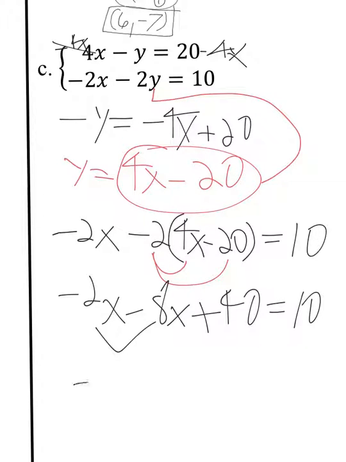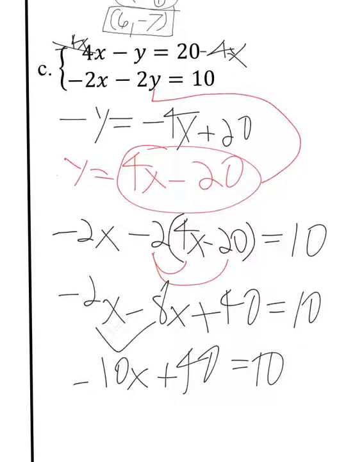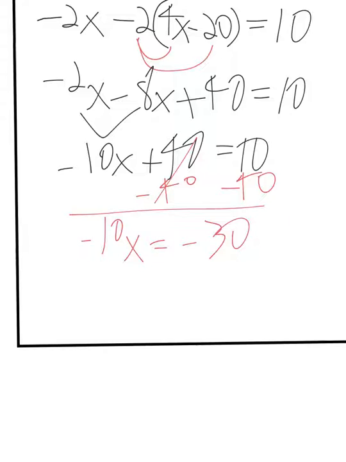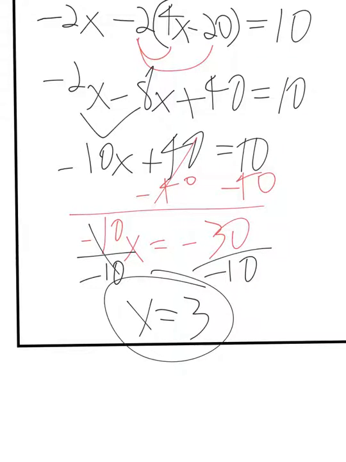So this makes negative 10x plus 40 equals 10. So I can minus 40 to both sides. And I'll get negative 10x equals negative 30. So I divide by negative 10, and I get 3. X equals 3.